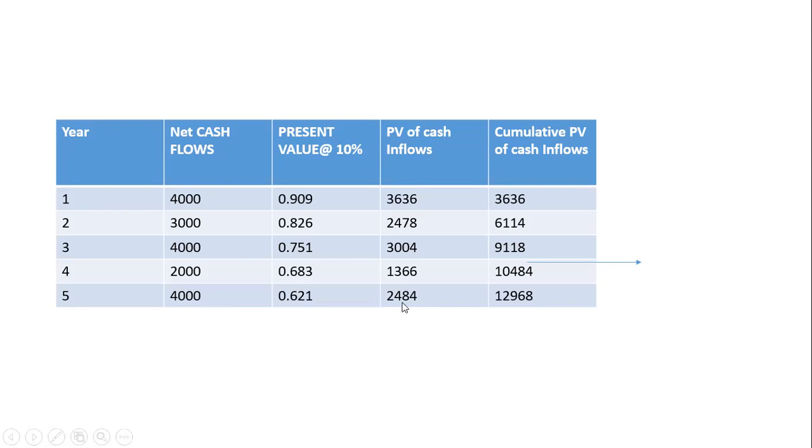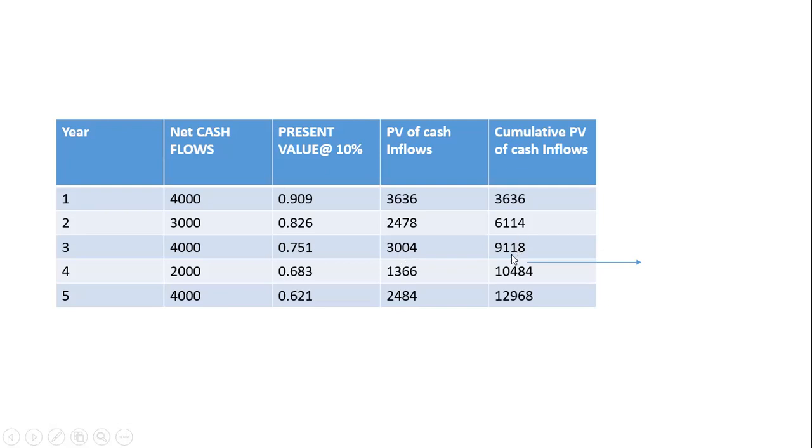This is today's value. Now you can make a cumulative of this. The first value you write the same, 3636. Then 3636 plus 2478, first figure and second figure, you add and write 6114. Again you add the third year figure 3004 with 6114.